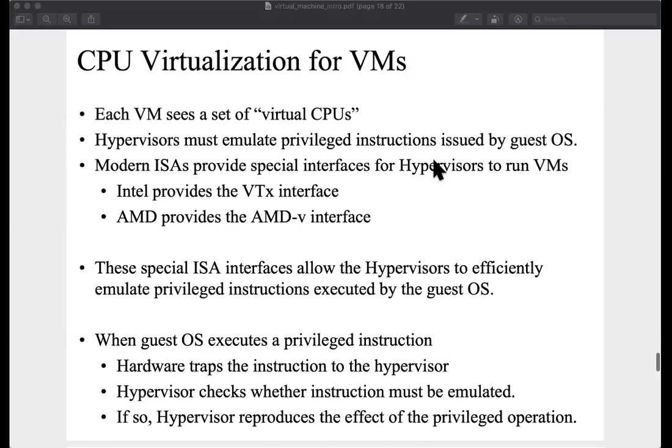But then, of course, Intel and AMD realized the value in providing hardware support. So over the last 15 years or so, both Intel and AMD have added tremendous functionality. They have almost re-architected the entire execution architecture around this virtualization subsystem.